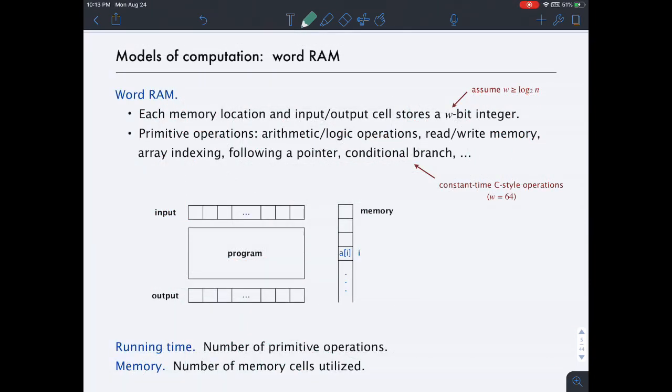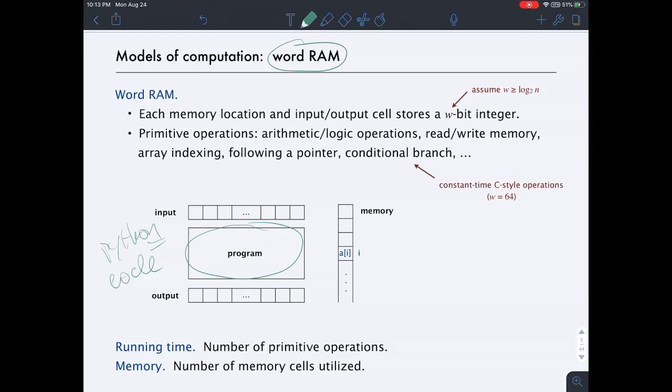Now, let us move to the second model, which is called the word RAM model. This is a more intuitive computation model, and it is more consistent with our daily experience. In this model, there is a computer program over here. You can think of the computer program as just a piece of Python code.